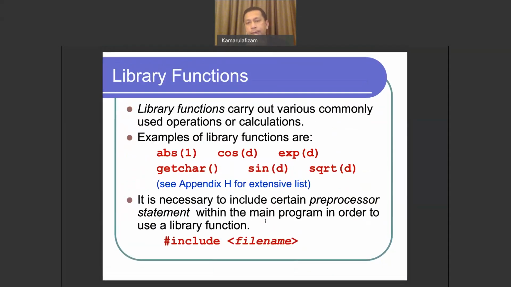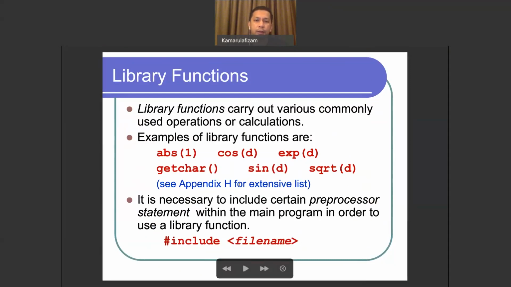This is some kind of library function, special functions and special characters which you can reach in your programming. They are specially assigned to specific functions where you cannot use them as your variable declaration and so on.